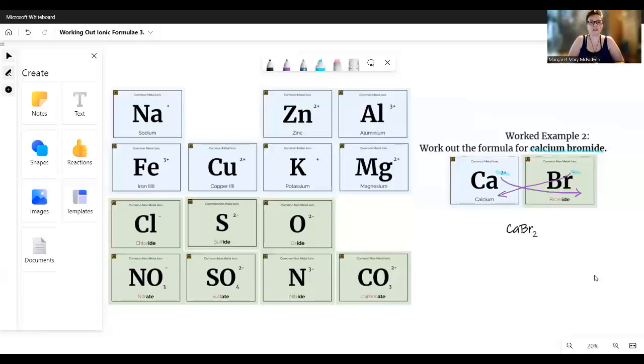So the formula for calcium bromide is CaBr2, and this ensures that the charges cancel out. So once you know the charges on the ions, it's very easy to work out the formula of the ionic compound.